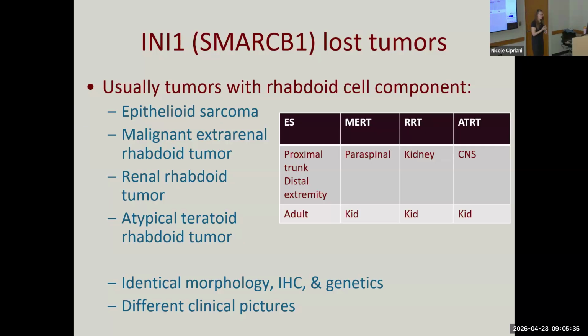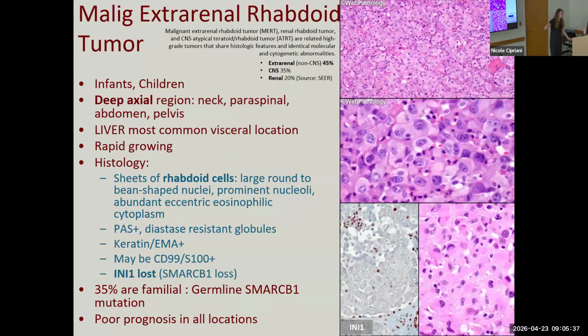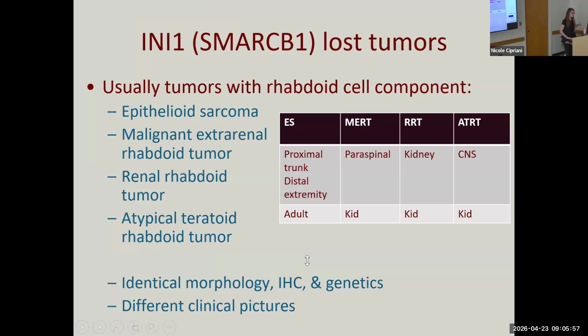They all have an epithelioid component, right? Usually with rhabdoid cytomorphology, with keratin expression, and with INI1 loss. All of them. They just kind of differ depending on where they're located and what age they're in. They have a bad prognosis everywhere. Some of the extrarenal rhabdoid tumors have familial association, like we saw earlier with the SMARCB1 syndrome.